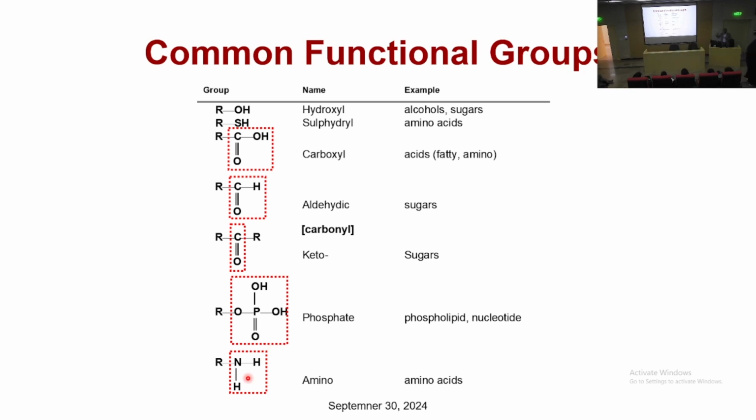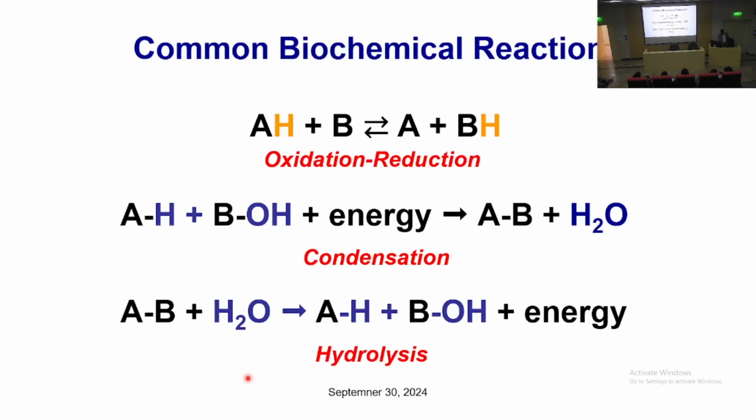So when an amino acid interacts with another amino acid or with other molecules, this interaction takes place through its functional group, which in the amino acid is the amino group. And so all these concepts are important to understand how different molecules or different atoms interact with each other.